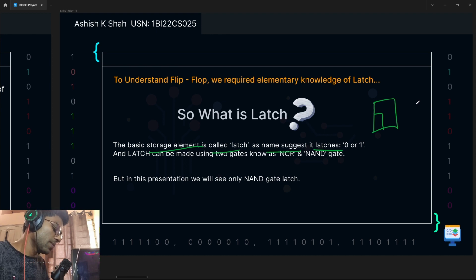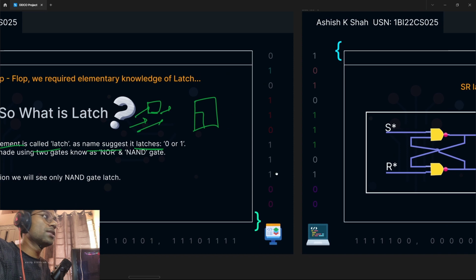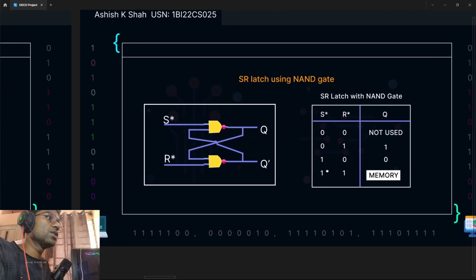Similarly, if binary data is stored in the memory, it will stay stored unless we apply some external signal or clock. And if data is not stored in the memory device, we can't store data without applying any signal. And let's design an SR latch using NAND gates.